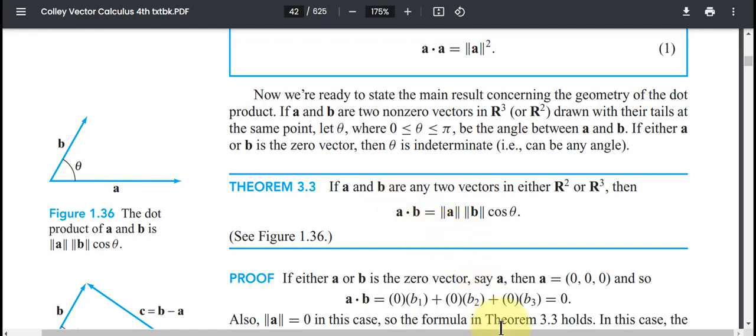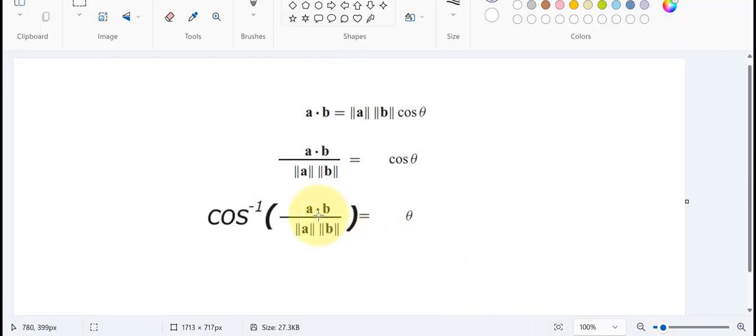So what's so good about what I just showed, which is here, is that this is generally true. So what's so interesting about that? Well, if we have 2-dimensional objects like A and B, then there's no mystery about what we mean by the angle between them. But if A and B are 10-dimensional, there's no angle between 2 vectors that are 10-dimensional, because angles are for 2-dimensional objects, not 10-dimensional objects.